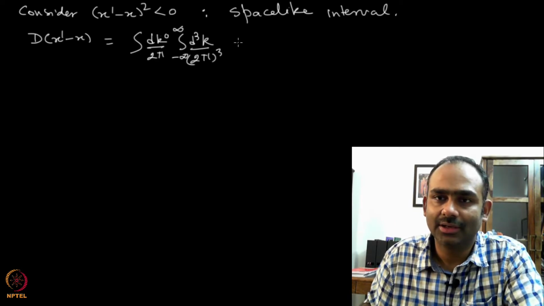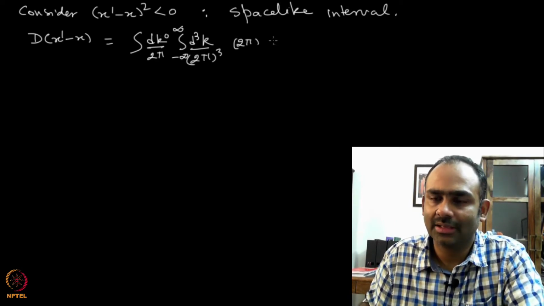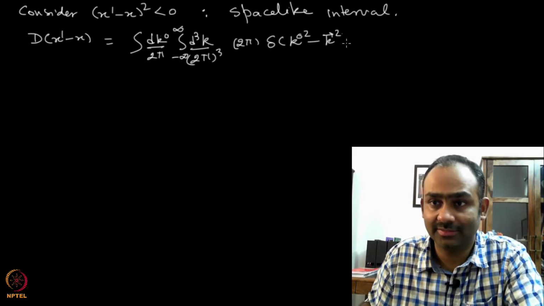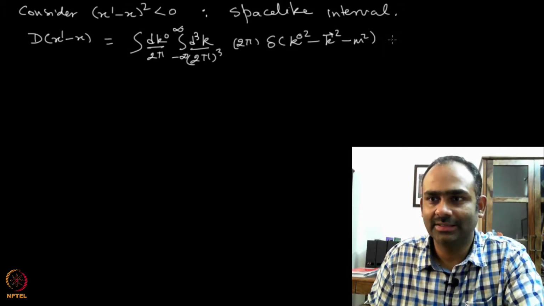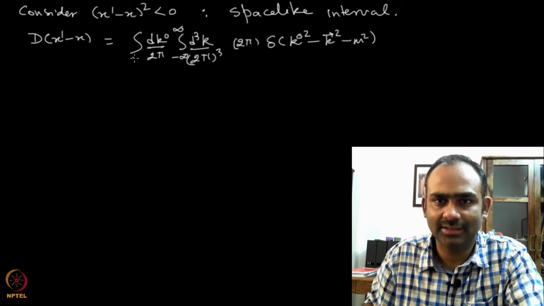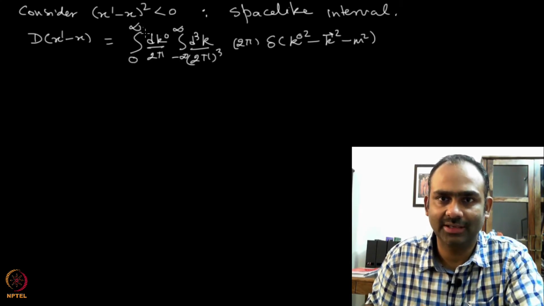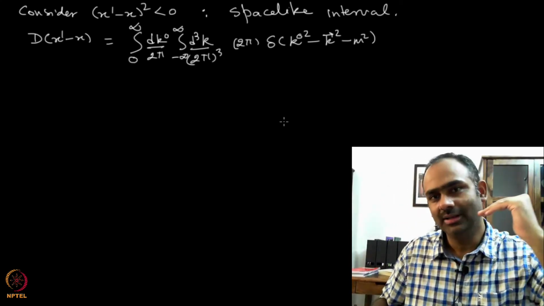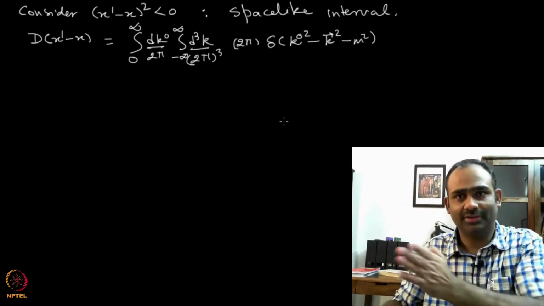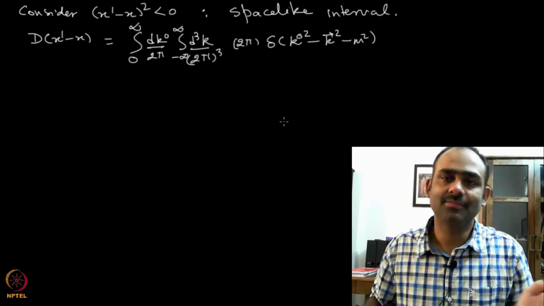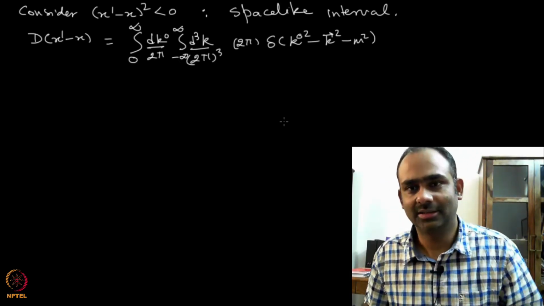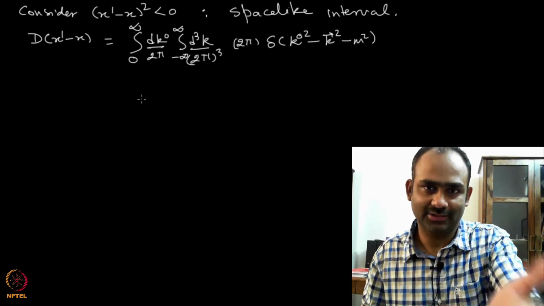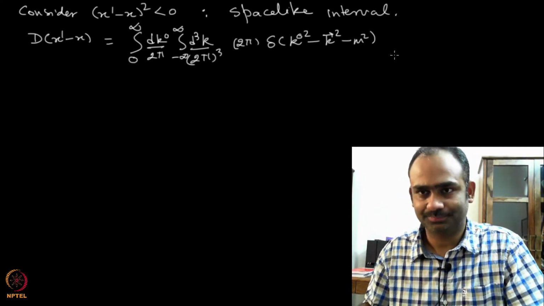Then you have 2 pi delta(k0^2 - k-vector^2 - m^2), and then you have theta of k0. So I can use that here and put the limit from 0 to infinity, because now you have support only from k0 equal to 0 to infinity. If k0 is less than 0, the integrand vanishes, so that is why I have put the limit to be 0 here.